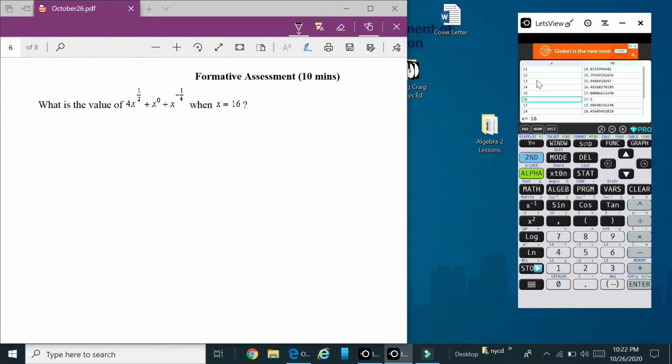Now, another method that you could do, you could substitute whatever x is, you could put 16.